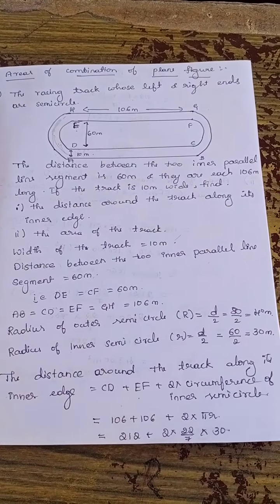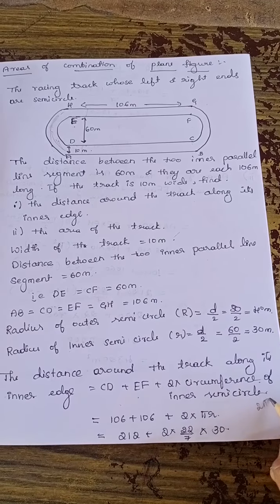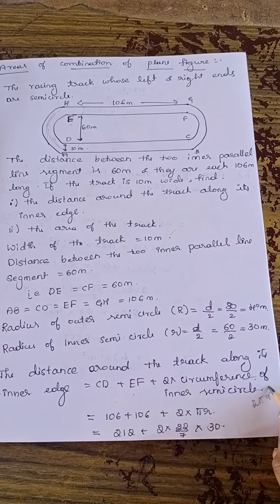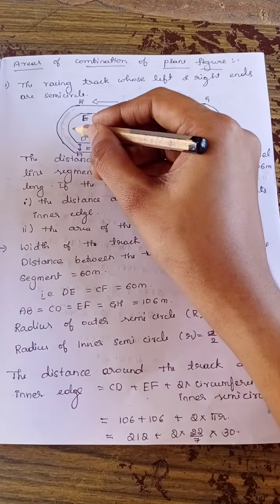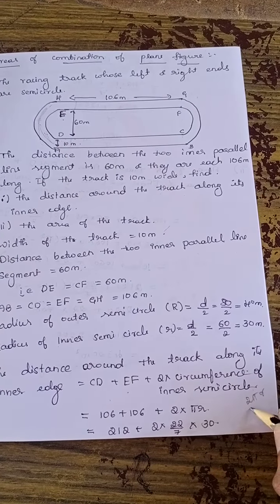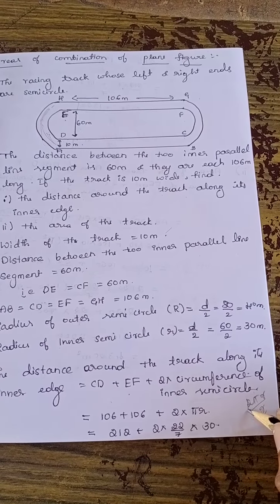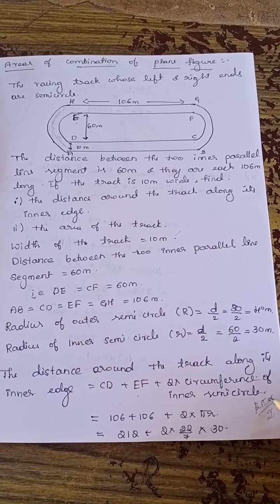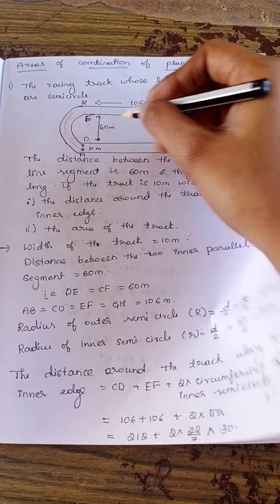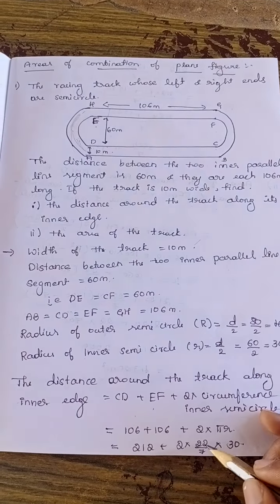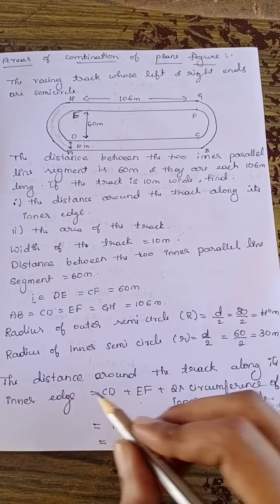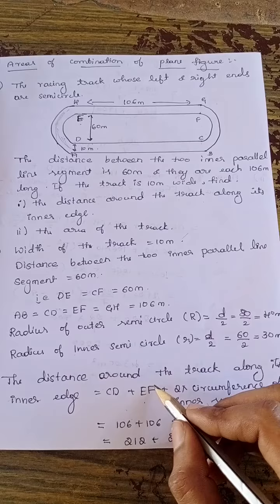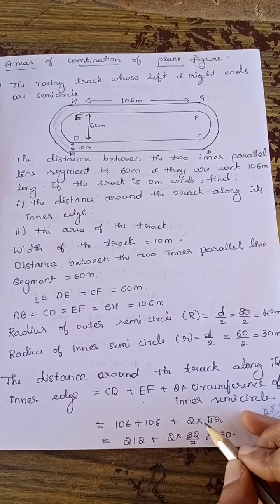The circumference of a circle is 2 pi r. These are semicircles, therefore divided by 2, the 2 into 2 gets cancelled. Therefore the circumference of the inner semicircle is pi r. But two semicircles are present, therefore 2 times pi r. Here CD is equal to 106, EF is equal to 106, plus 2 times pi r.